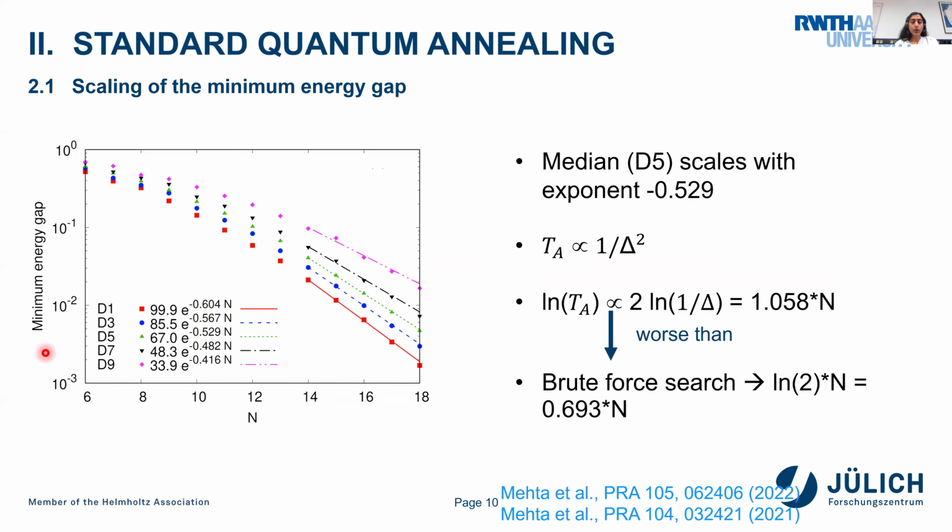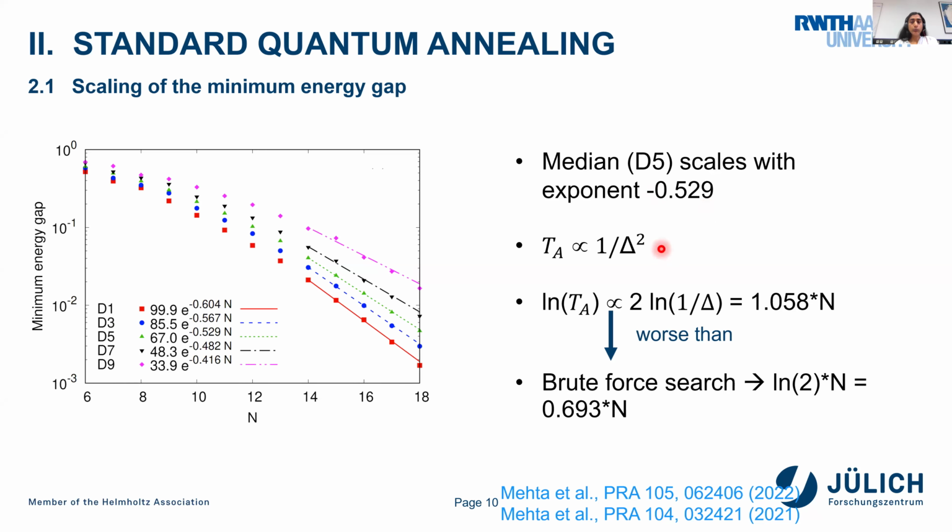The first observation from this plot is that the minimum energy gaps close exponentially as the size of the problem increases. The median, which is given by the fifth decile, in this case scales with an exponent of minus 0.529.